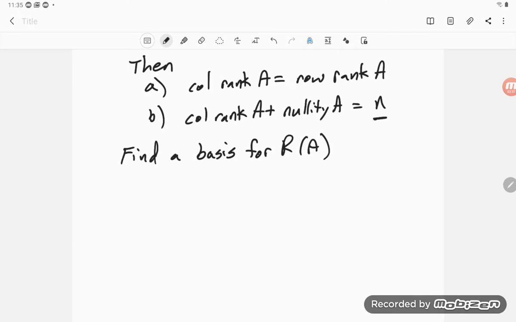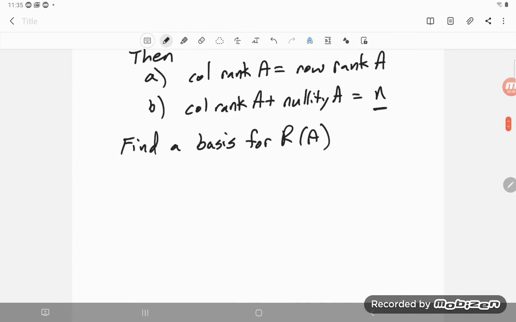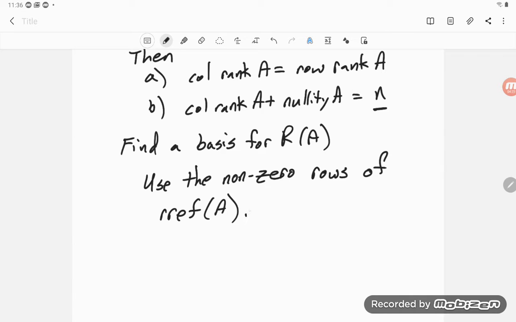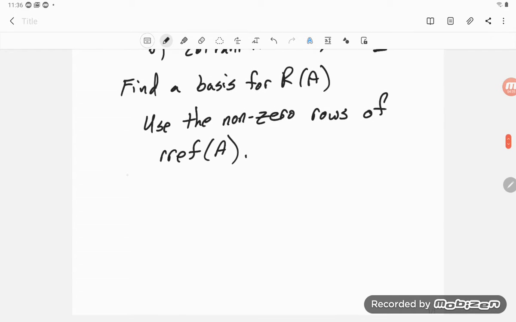Essentially the procedure is to use the non-zero rows of the reduced row echelon form of A as the basis. Okay, so just to show how this works, an example.